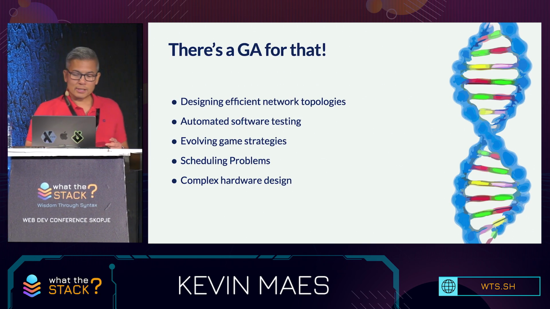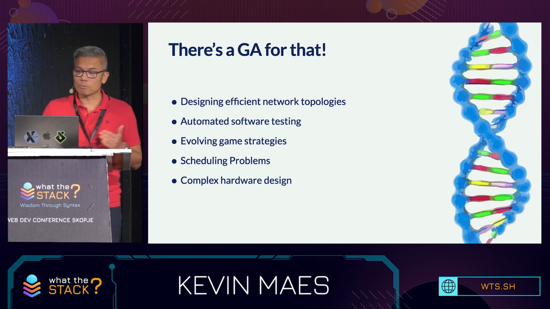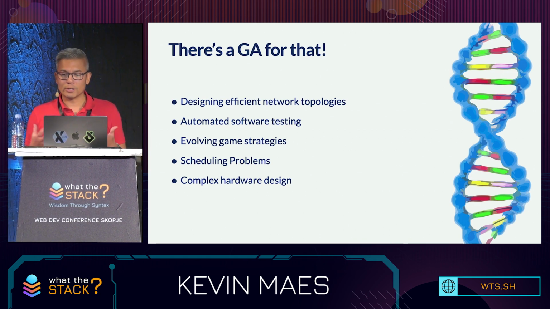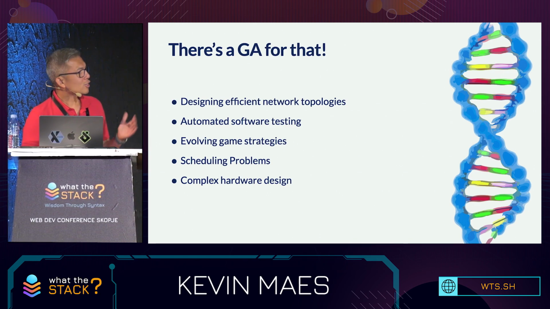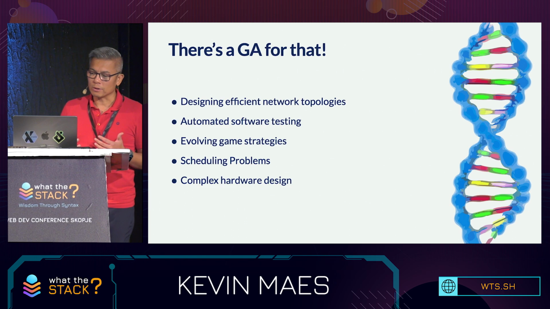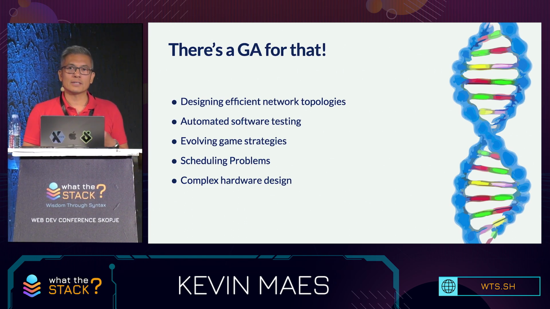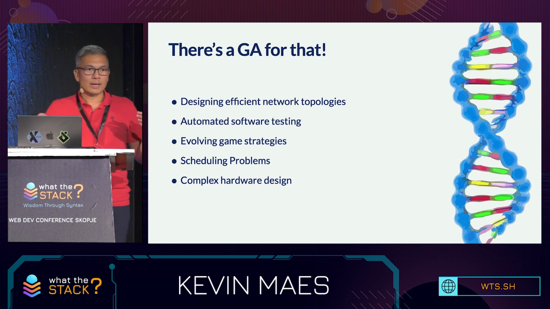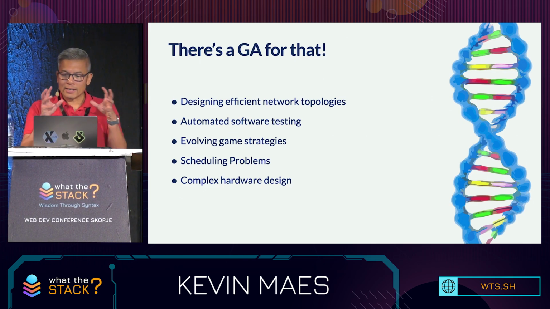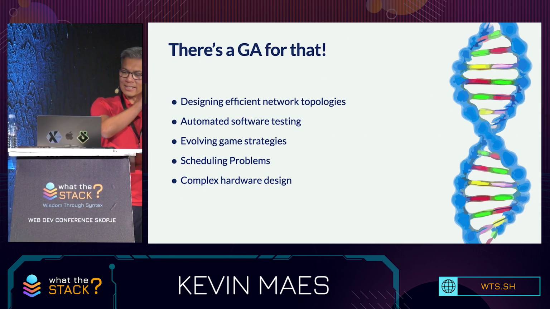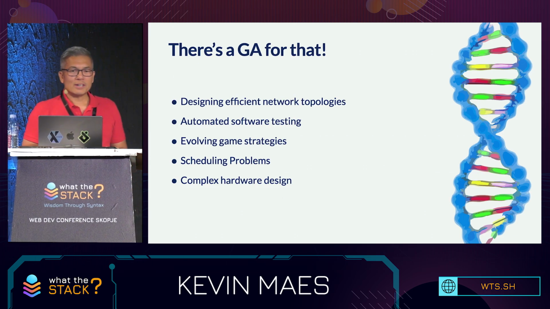Educational institutions can also sometimes solve complex scheduling problems to ensure conflict-free timetables. And GAs have even been used in the production of hardware. So, for example, NASA successfully deployed what's known as an evolved antenna, where it used a GA to design a tiny little communication satellite about this size, and it actually deployed it into space.